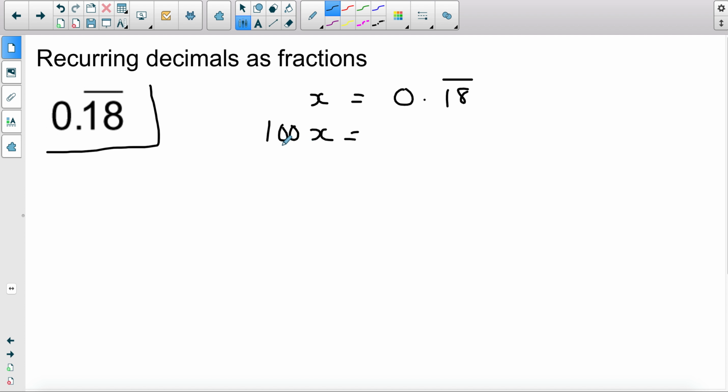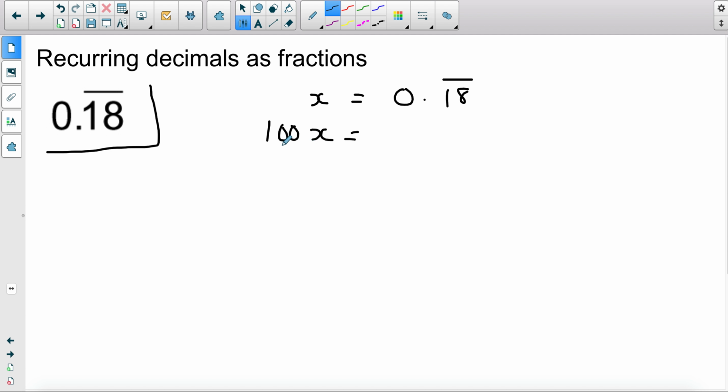And so we solve for x, divide by 999 on both sides, and end up with 123 over 999, which simplifies to 41 over 333. So if you write 123 over 999 in a calculator, you'll end up with the recurring decimal. So this is the fractional representation.